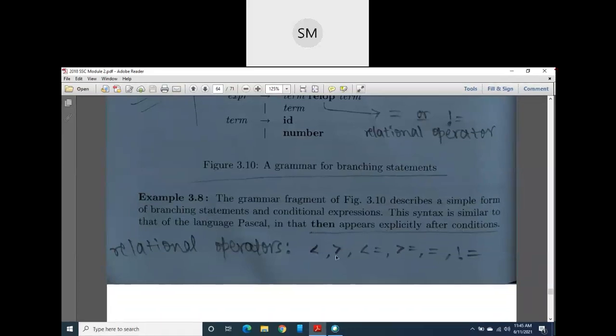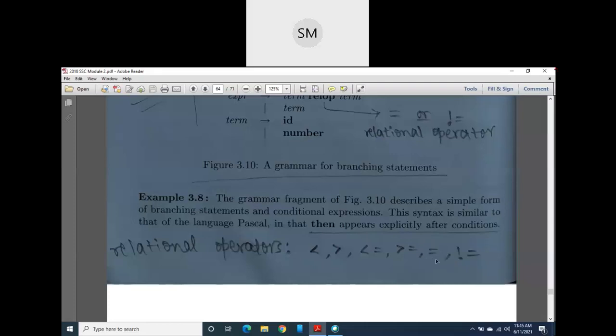Then relational operators, examples I have written with pencil here: less than, greater than, less than or equal to, greater than or equal to, equal to, and not equal to. And if you observe here, for equal to, I have used only a single equal mark, not a double equal mark. Double equal mark we use only in C language and in other programming languages. But in Pascal, for equal, we use only a single equal mark.